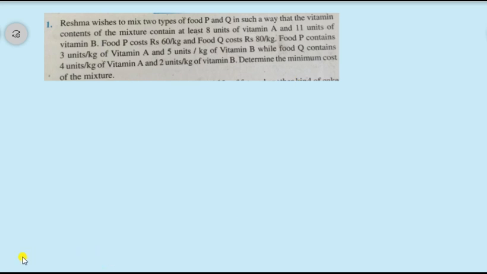Observe here, there are two types of food, P and Q. These are the two types of foods we have.